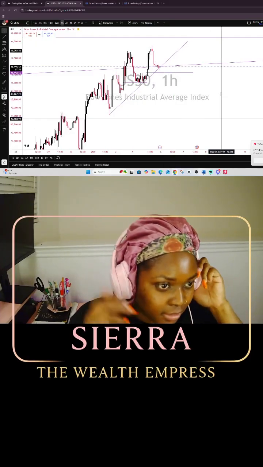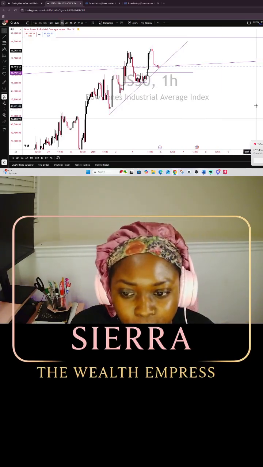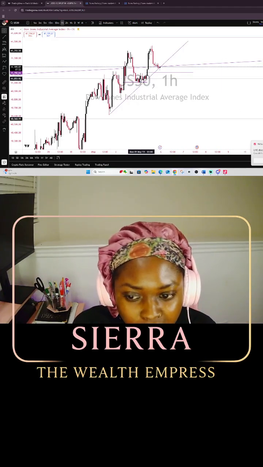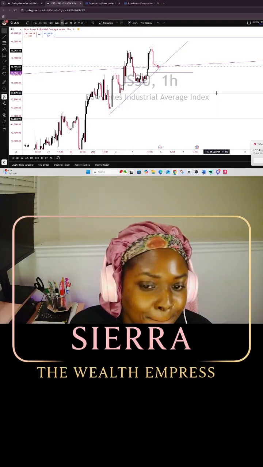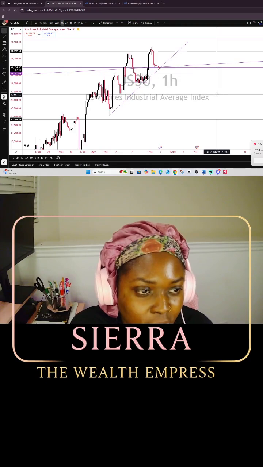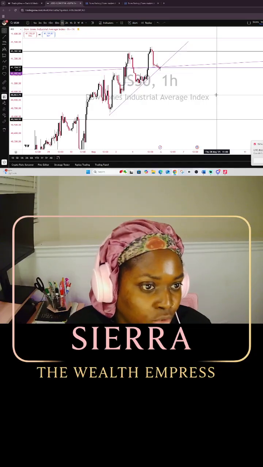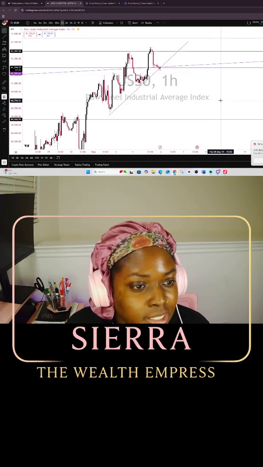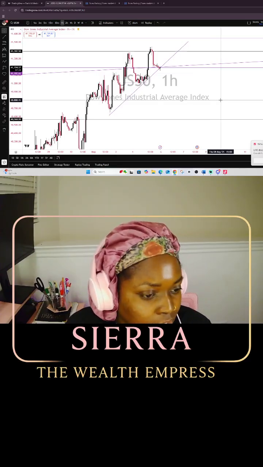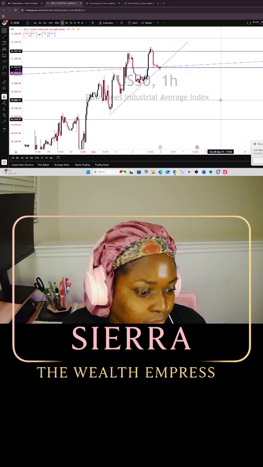Discipline, exactly. Because without it, you'd be sitting in a consolidation range, selling and buying, because you really don't know what's going on. So this is why you have to have a strategy and rules and stick to those rules. Regardless if price hits stop loss or TP, with good risk management, you'll be fine.